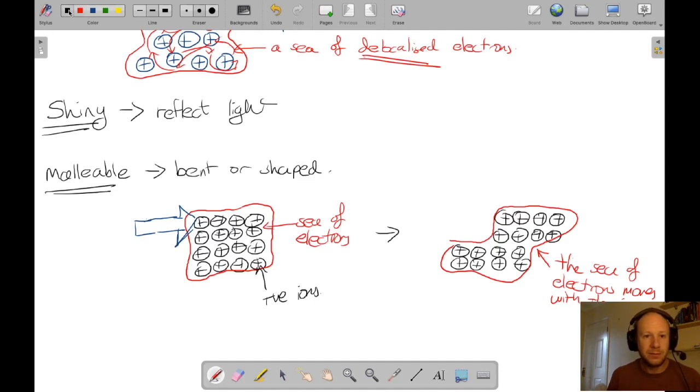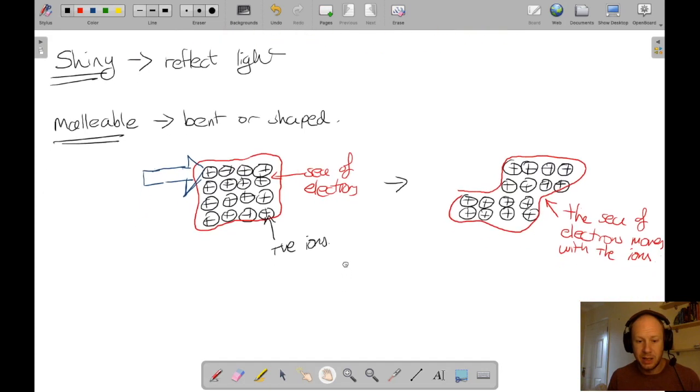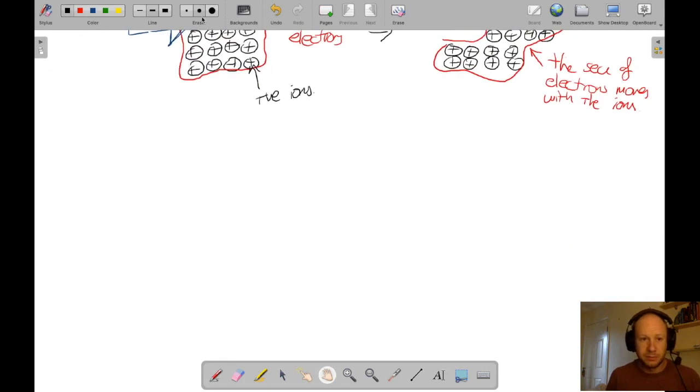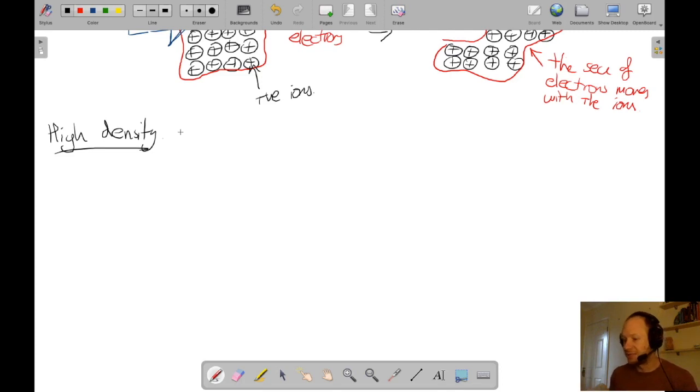Alright, let's move on. Let's go to being high density. Now, density is a bit like saying that metals are relatively heavy. But we shouldn't use the word heavy, because think about it.